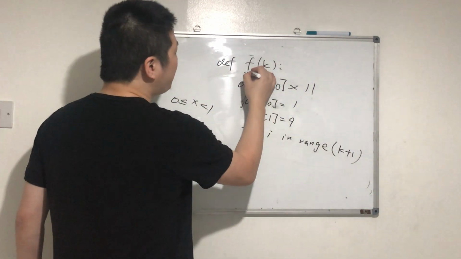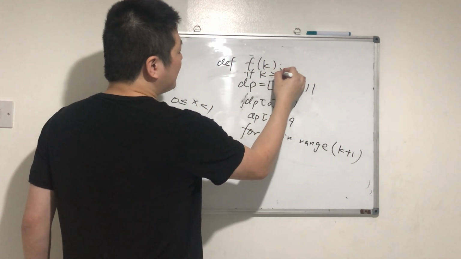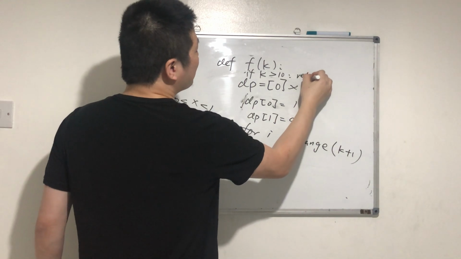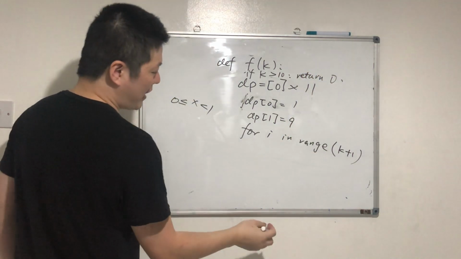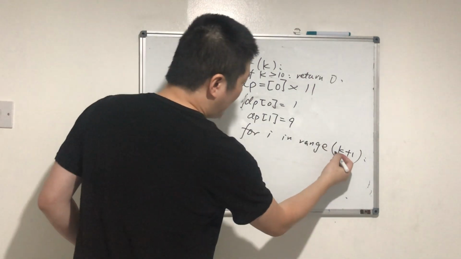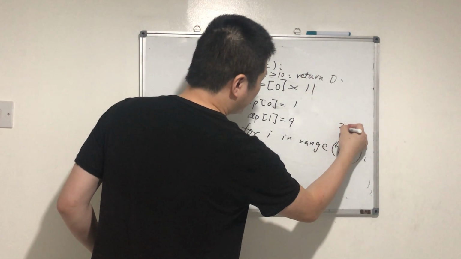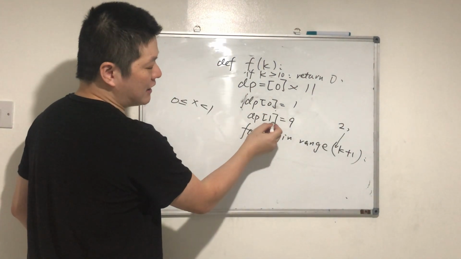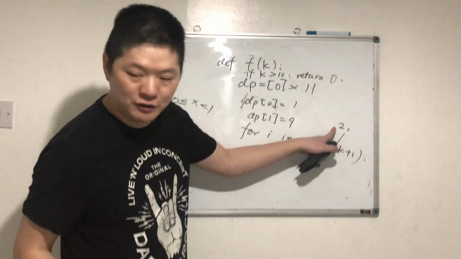If k is bigger than 10, we return 0, just to make sure. Actually here you need to start with 2, because dp[0] and dp[1] were already calculated. We start with 2 till k.